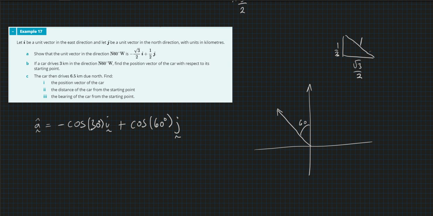So it is just going to be 3 times a hat. I should have actually, let me write those numbers in from part A. Equals minus root 3 on 2 I plus 1/2 of J.